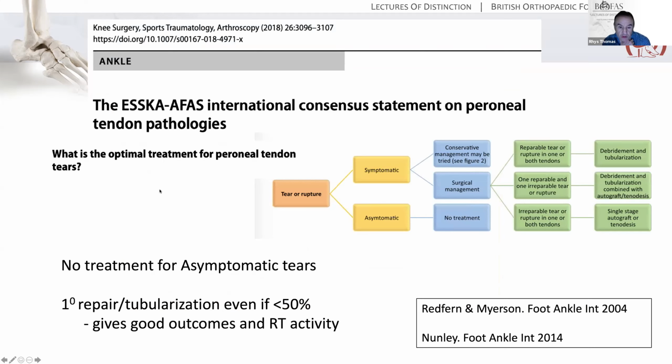So as we've noted, nearly a third of patients will have asymptomatic tears and they don't need any treatment. This group suggests that even if a tendon has less than 50% of its normal bulk, it's worth performing a primary debridement or a tubularization, and that this can give good outcomes and return to activity, even up to only 30% of the tendon remaining viable.